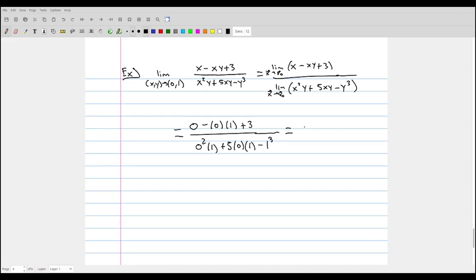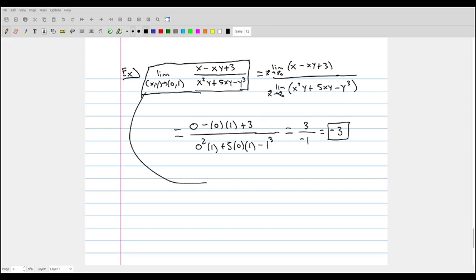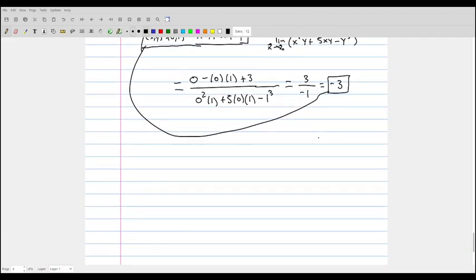This entire thing then is going to be 3 divided by negative 1, or negative 3. And sure enough, that's the value of the limit of this function. So this function approaches -3 as you go to the point (0, 1). This is just a straightforward, quick application of how we can show this limiting process.